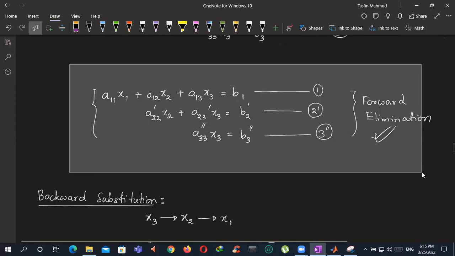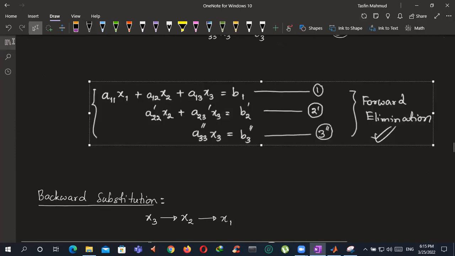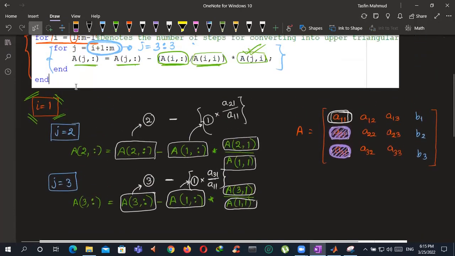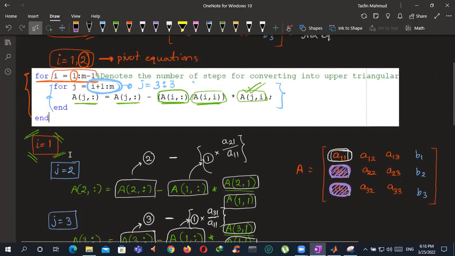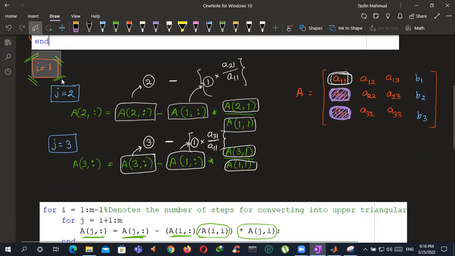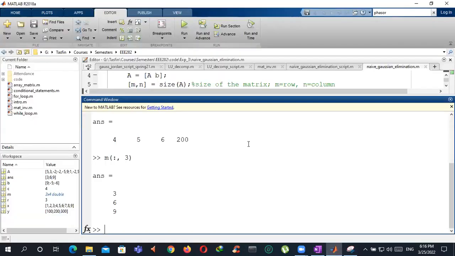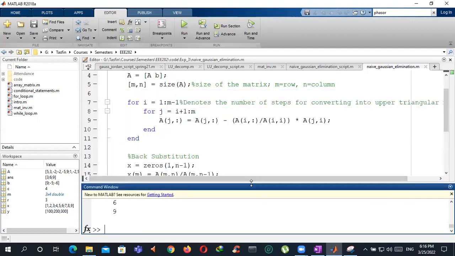Then our forward elimination is done. So the i loop would finish as well. The i was supposed to iterate from 1 to 2. So we considered i equals 1, we considered i equals 2. So this loop would finish and our forward elimination step would also be completed. Okay. So this is the first portion of the naive Gaussian elimination.